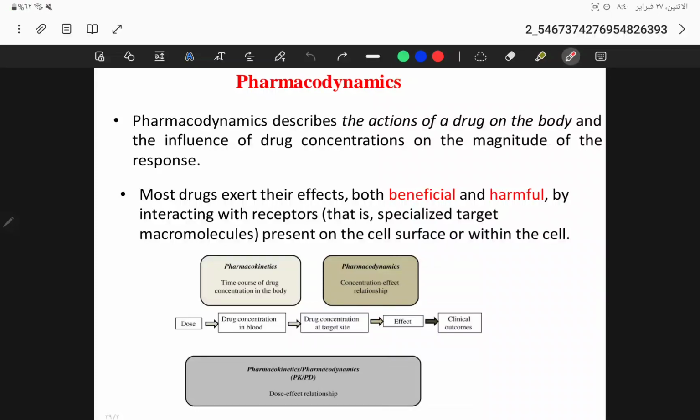Before going deeply into pharmacology, we have to know two things.